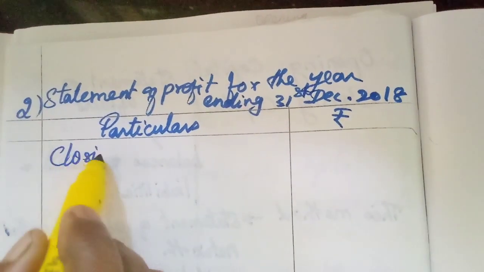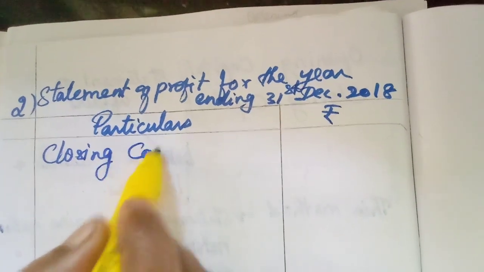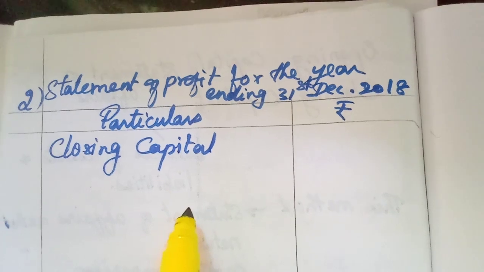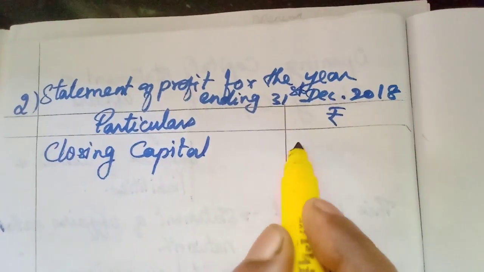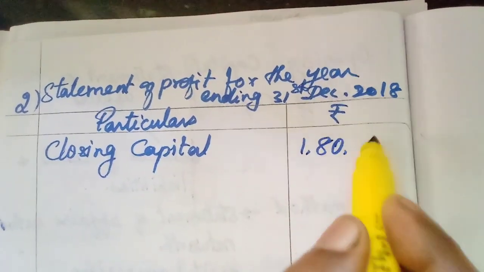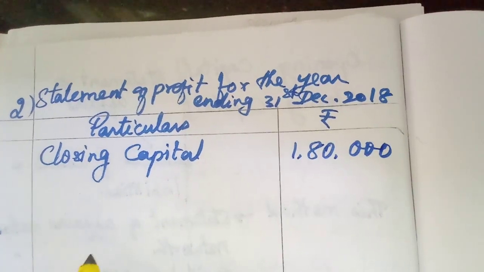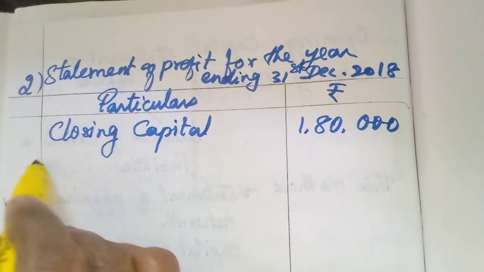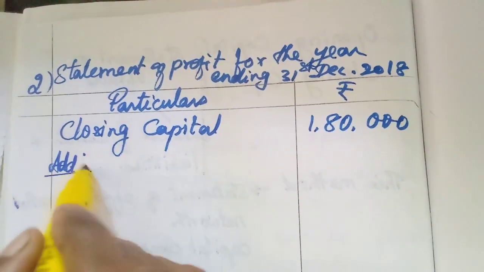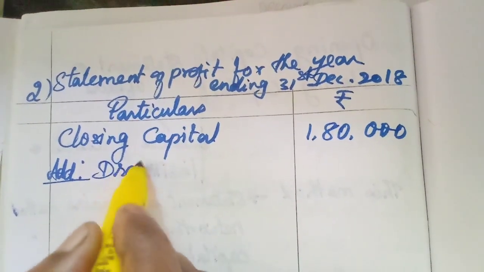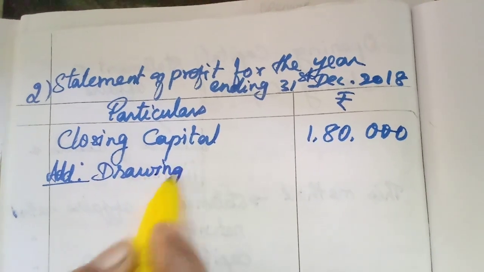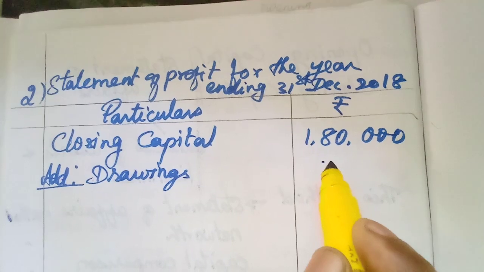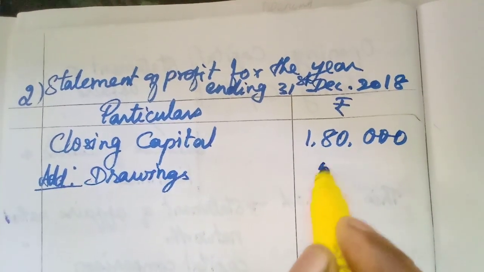First, closing capital. Closing capital 31st December. So 1,80,000. Write the amount clearly. Then add drawings. Drawings, 50,000.